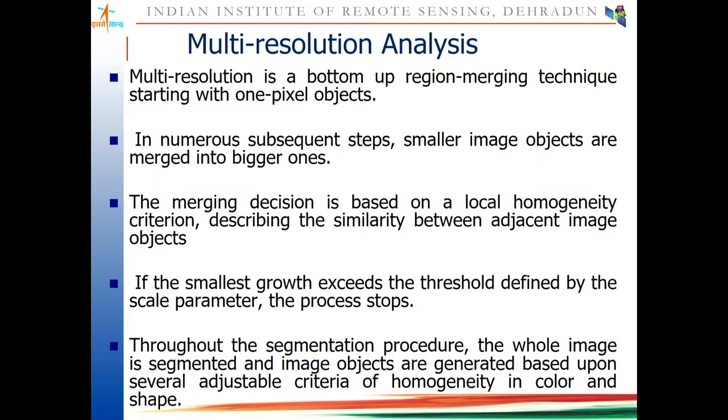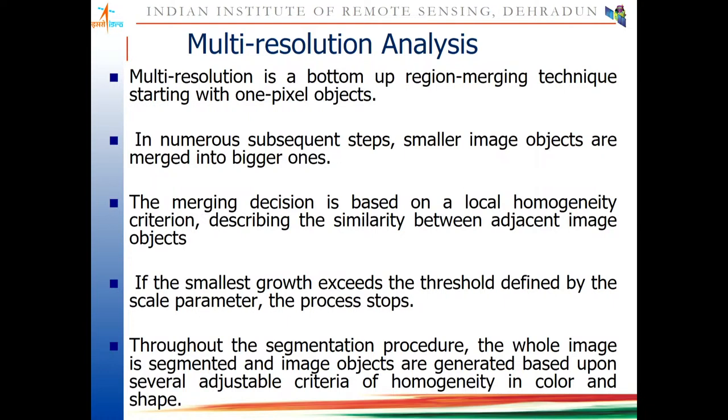So the premise is that we start with a one pixel object, and in numerous subsequent steps smaller image objects are merged into bigger ones. So they keep forming larger objects. The merging decision is based on a local homogeneity or similarity criterion, and this describes the similarity or homogeneity between adjacent image objects.